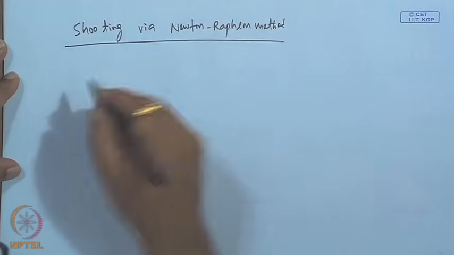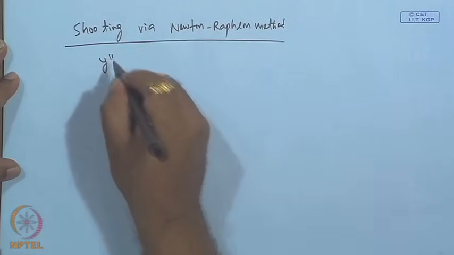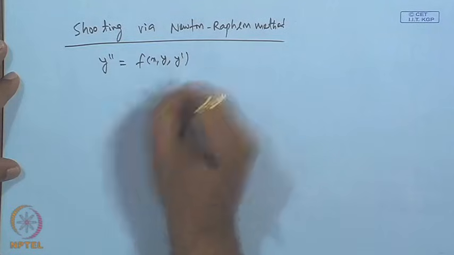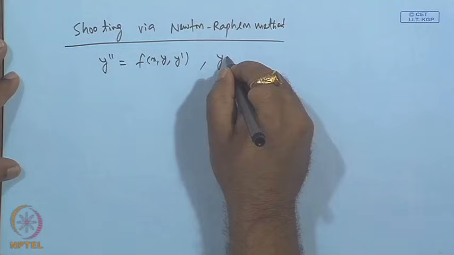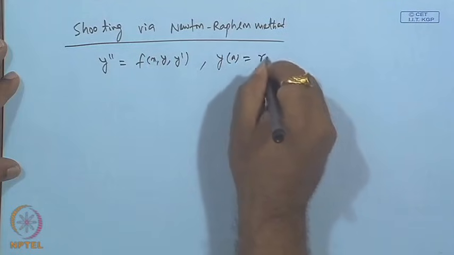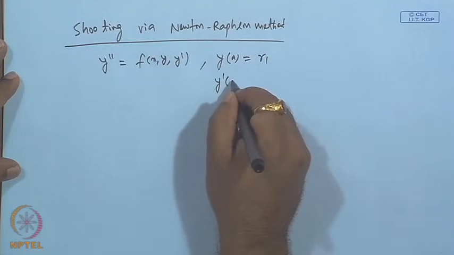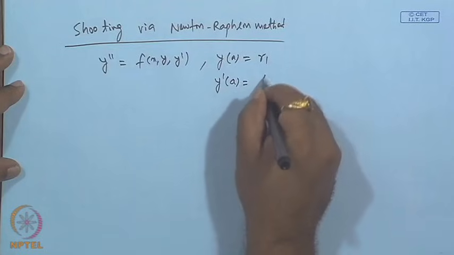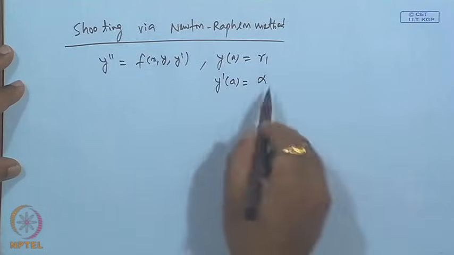So, this is slightly tricky. Consider y double prime equal to f, I have considered this type completely nonlinear, with y dashed of a equal to alpha. So, this is our alpha.